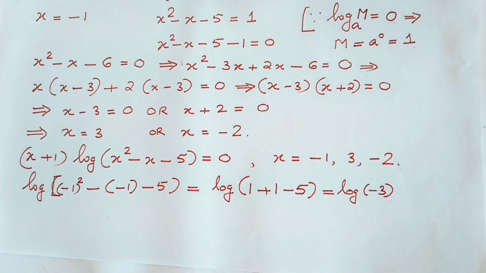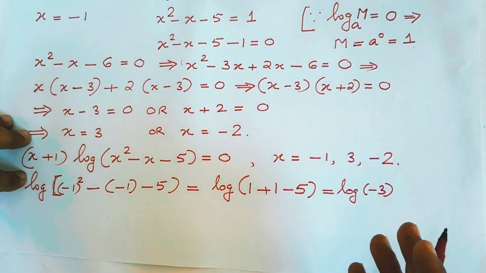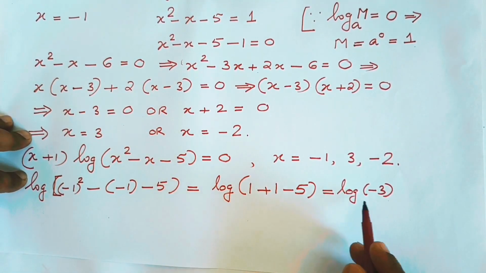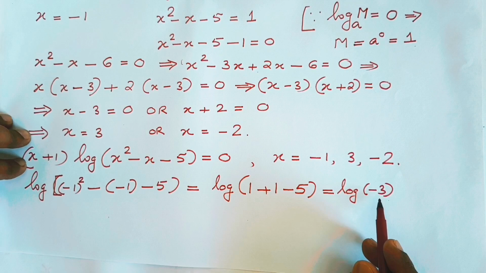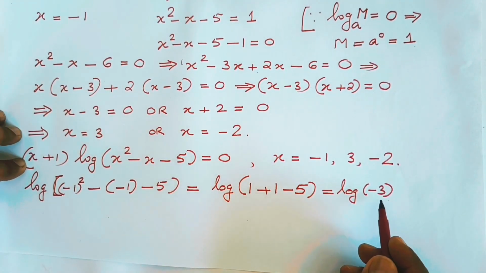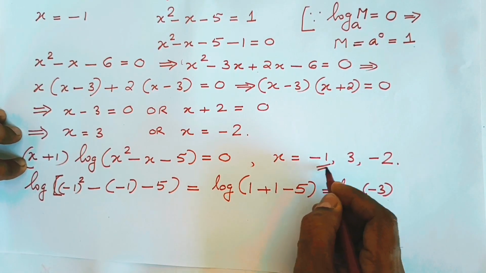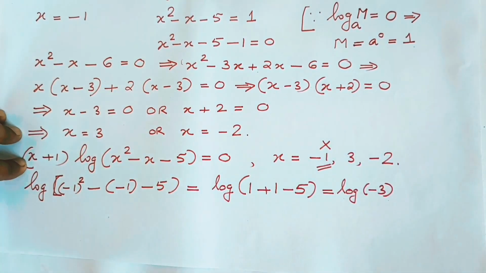So what do you observe here? Logarithm of a negative number. As you know, logarithm is defined only for positive numbers. There is no logarithm defined for a negative number. So x equal to minus 1 is an absurd solution. So we will reject x equal to minus 1. This is not to be accepted.